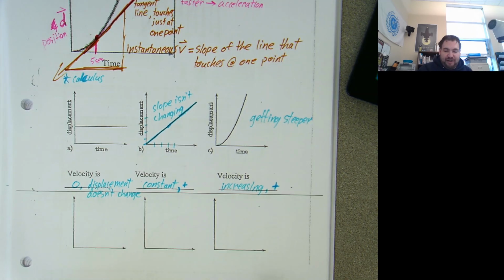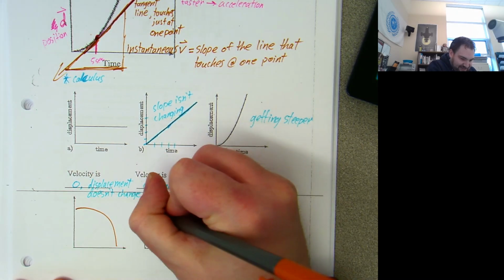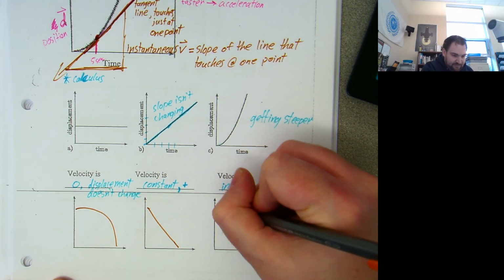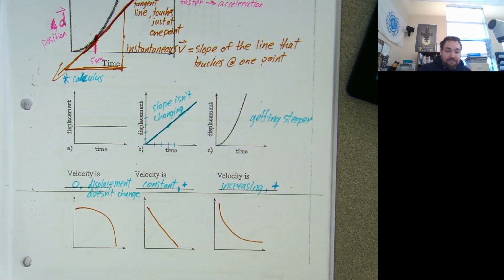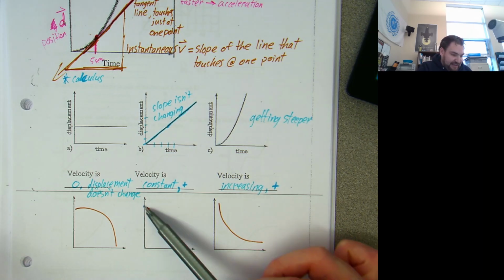Let's draw in 3 more here down on these empty axes. We're going to look at this guy, and this guy. Let's go to the middle one first. The middle one's the easiest. On a displacement time graph, what does a line that looks like this mean?